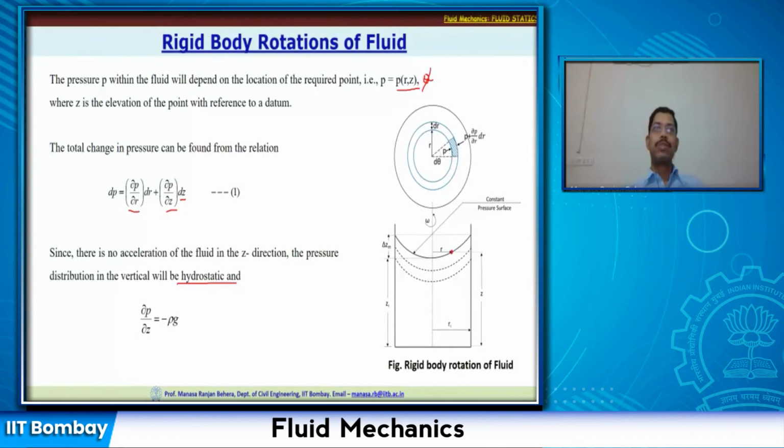So the pressure distribution in the vertical direction is hydrostatic, and ∂P/∂Z, from our basic hydrostatic expression, is equal to minus gamma, or minus rho G. So we have found that ∂P/∂Z is equal to minus rho G.